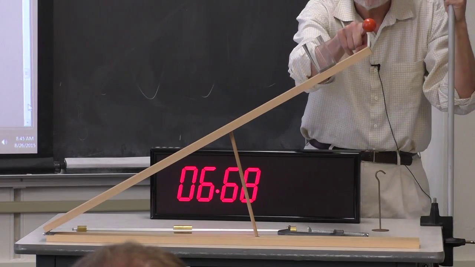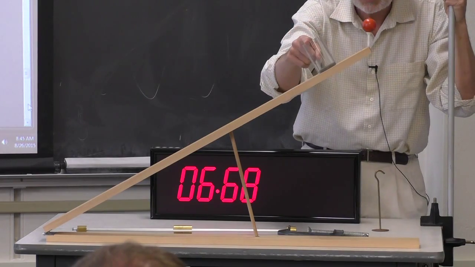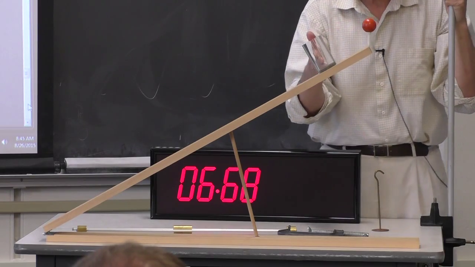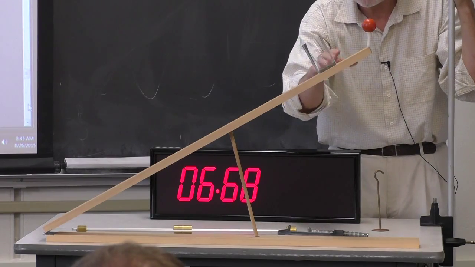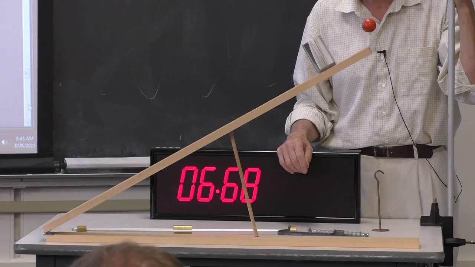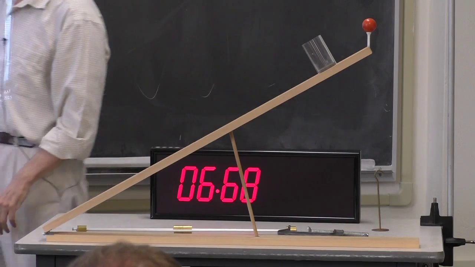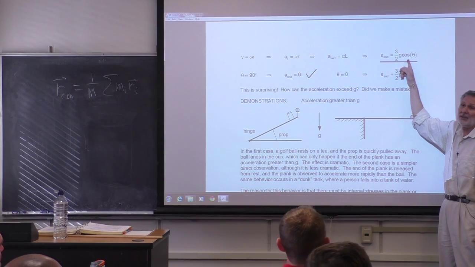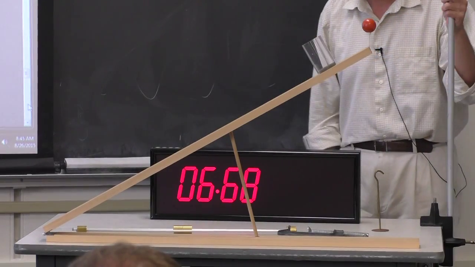Here's the idea. The ball falls straight down. This, which is about at the same level, travels a bigger distance. So you might think, since it's normal to think that this thing can't have acceleration greater than g, that there's no way the ball could land in the cup. That's what you would think. But our theory tells us that near 90 degrees the end has an acceleration greater than g.